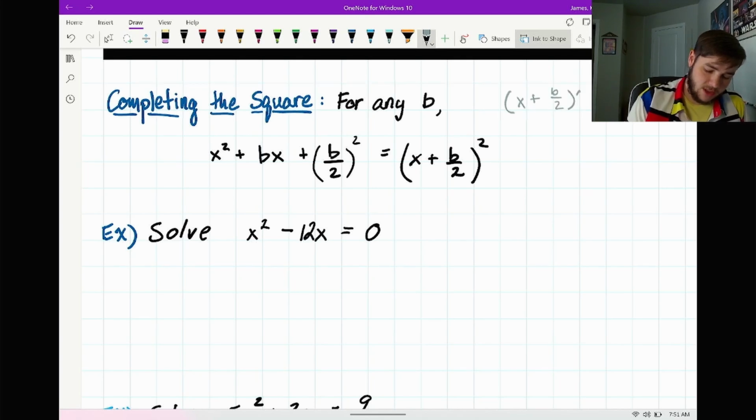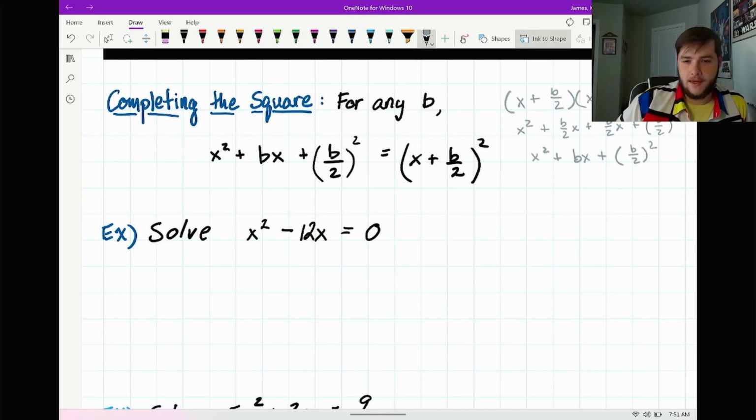Remember, any number squared is that number times itself. My first terms give me x squared. My outside terms give me b over 2x. My inside terms give me b over 2x. And my last terms give me b over 2 squared. Combining like terms, I get the left-hand side.